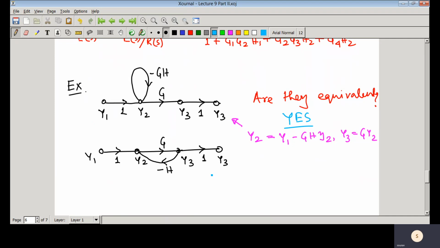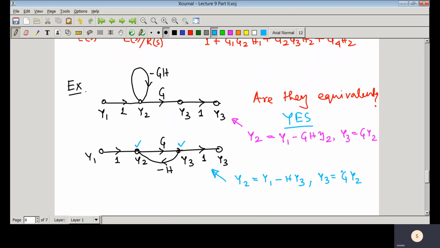Now for the second one, you can see that y2 equals y1 minus h y3, and y3 equals g y2.